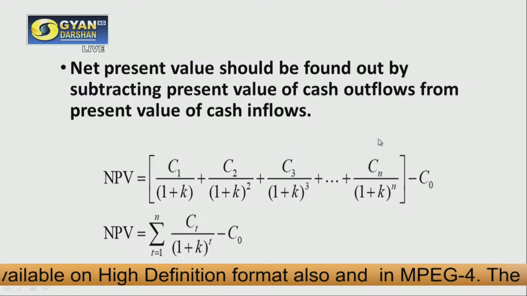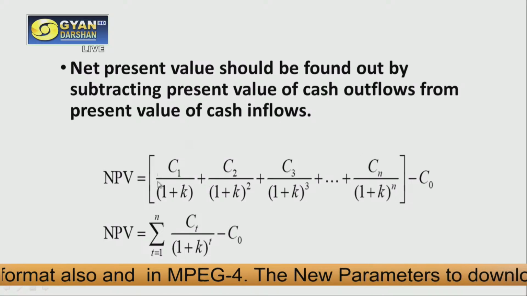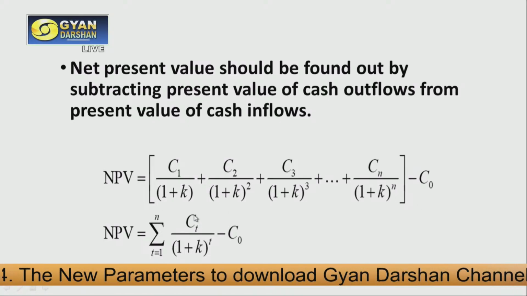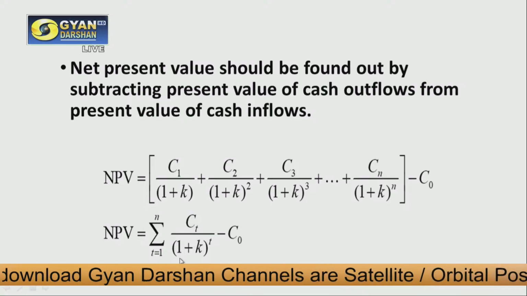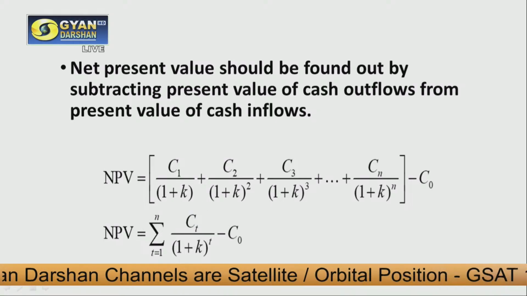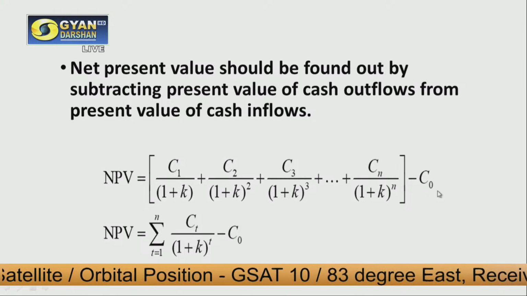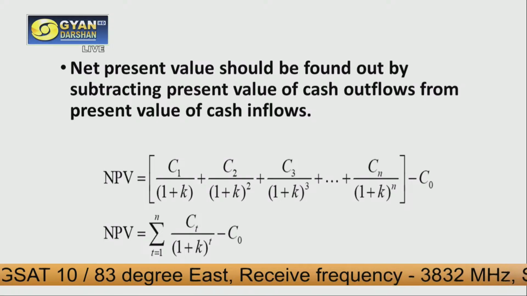We are going to convert all the cash inflows into present value terms and take all inflows together. So when we add all the present values of inflows, we can write it as the summation of all the present values of cash inflows, out of which we need to deduct the cash outflow. By getting the net value, we get the value of net present value.